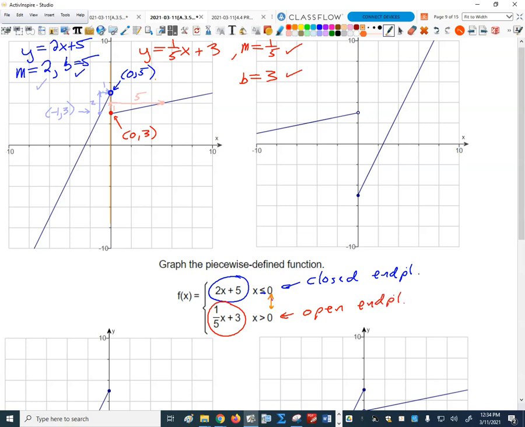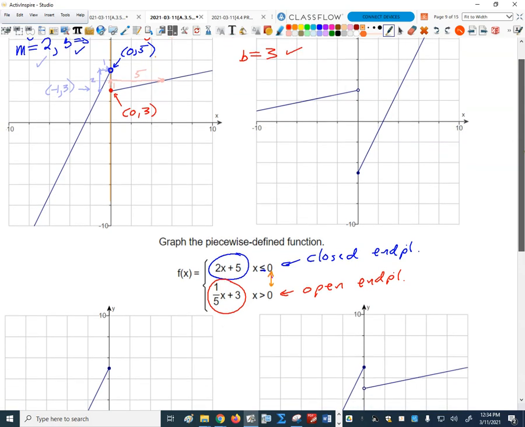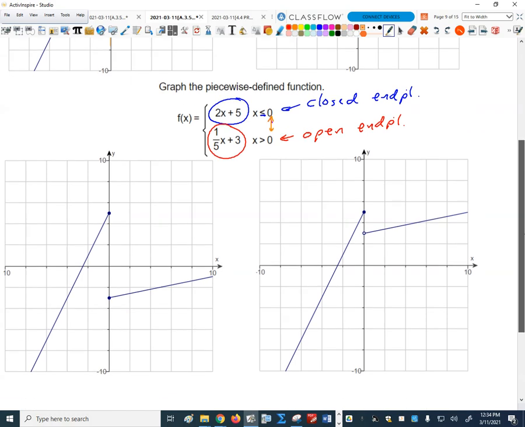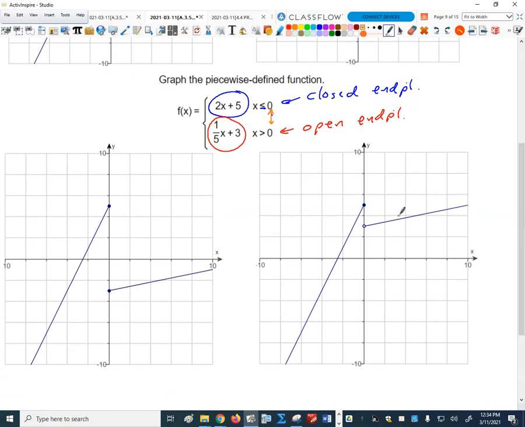So this one doesn't work, does it? We just need to find the graph that has the same lines but opposite endpoints. And that's it right there, isn't it? So this is the right one, isn't it? Right? Everybody see that? So that's our choice.